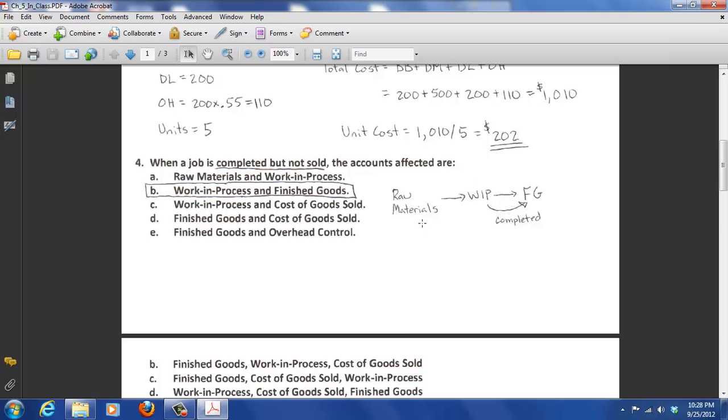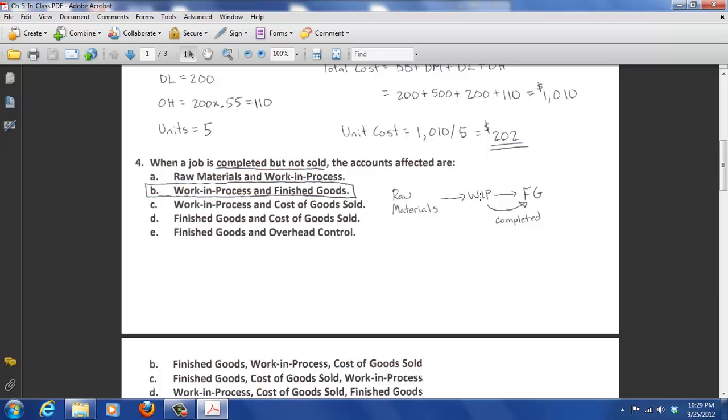So if we think about that, raw materials could just be the lumber sitting around the yard. Once it moves into work in process, we actually bring that in and we start building tables, building chairs, but we don't quite finish them up. And this question here is asking, all right, when they're completed, then which accounts are affected?